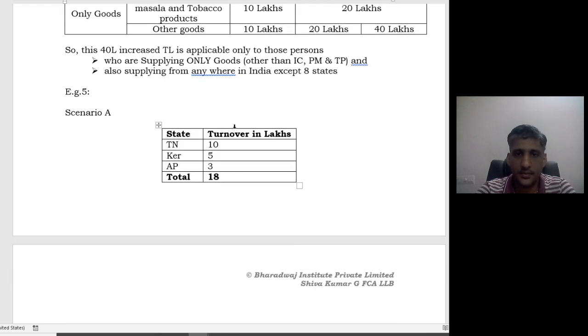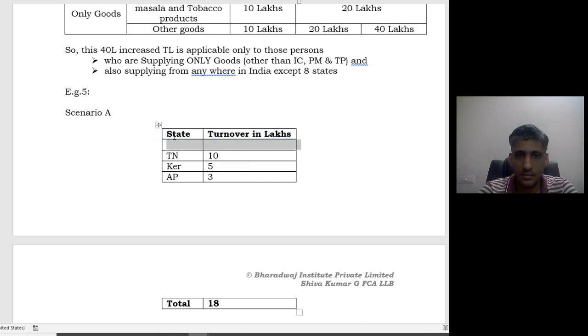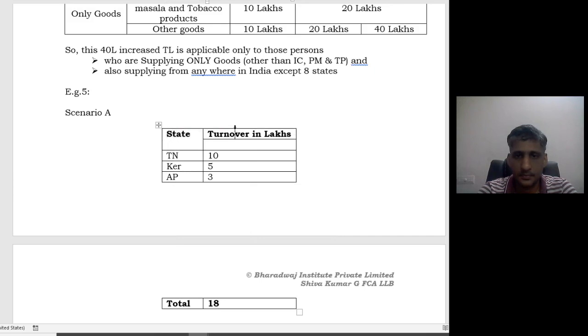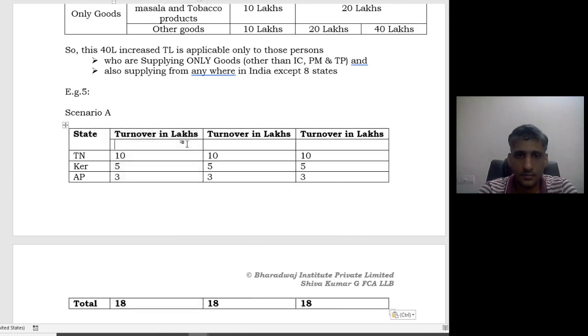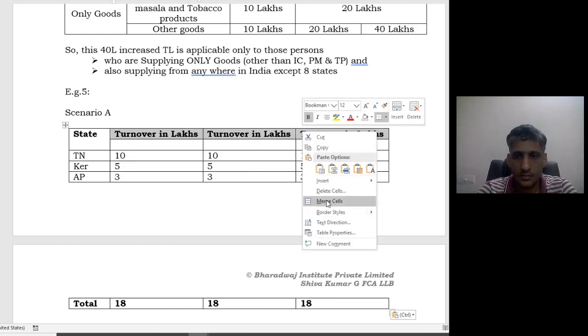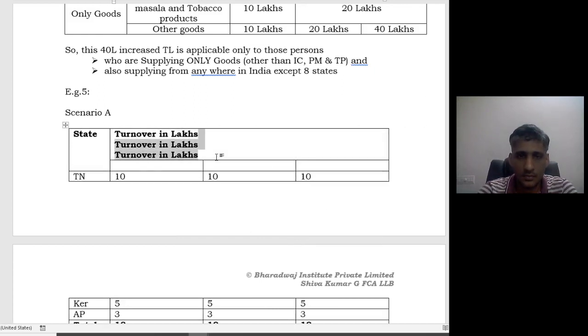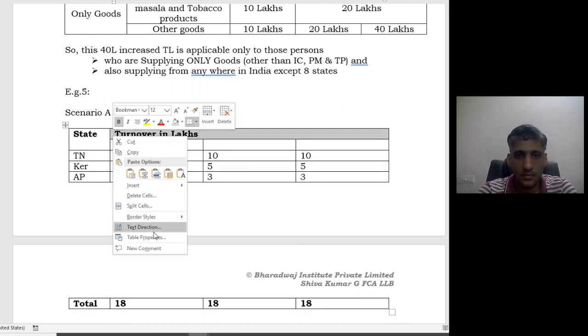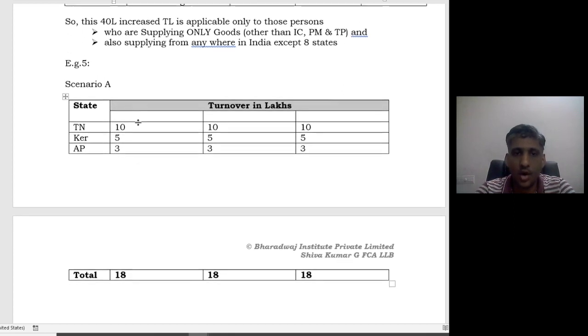Turnover in lakhs. Scenario A, only service. This turnover is only service.